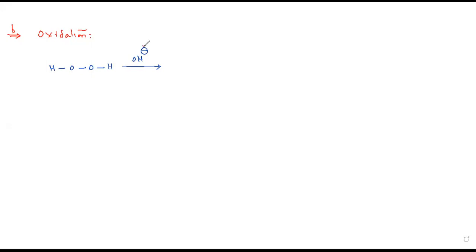Now this OH minus abstracts this hydrogen in the form of H plus, and this will come here. Then we'll be getting HOO minus. This is called hydroperoxide ion. And of course, water molecule. This is hydroperoxide anion.